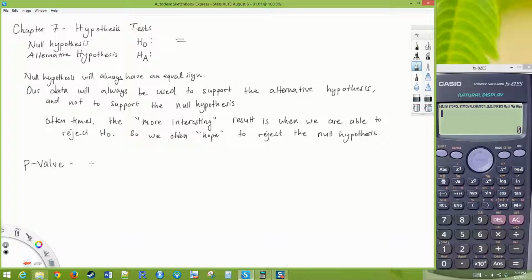The probability. Okay, yes, it's the probability of our data, or of observing our data. So it's always the probability of our data, and we tack on this phrase, or something more extreme, or something more unusual than our data.